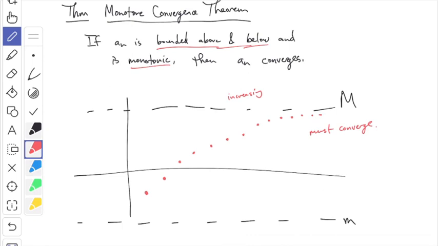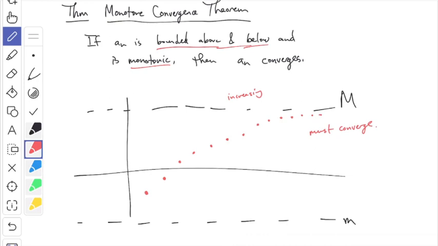What I drew here was increasing. Of course, you can try to draw a decreasing sequence. Again, if the decreasing sequence has to be stuck between those two bounds, it must converge to something if it's going to decrease every time. This is called the monotone convergence theorem.